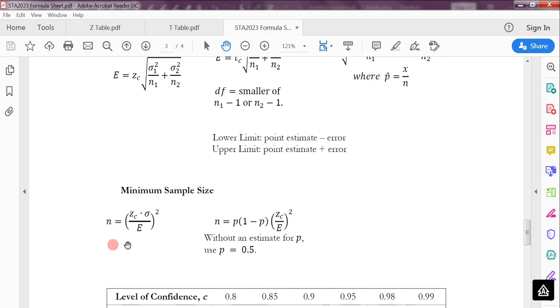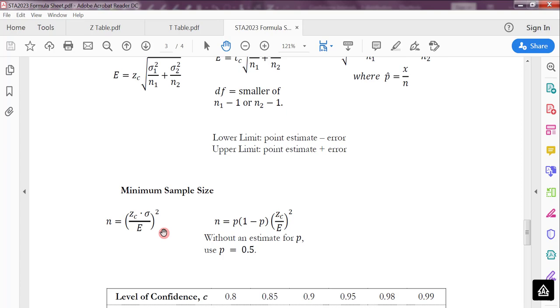Now notice that this is written a little differently, where the square is on the outside. But you know your rules for exponents, and you know that this would be z squared, sigma squared, and E squared, okay? So both formulas are the same, mathematically speaking. They are just written somewhat differently.